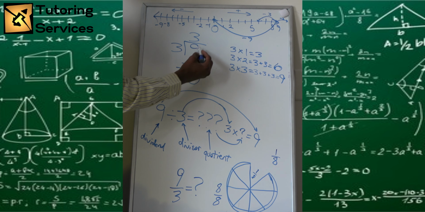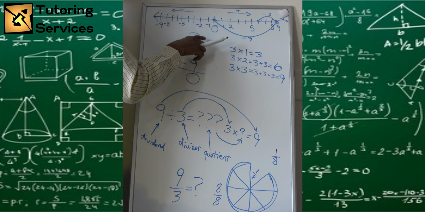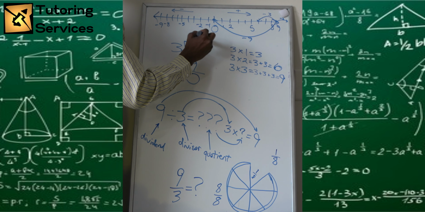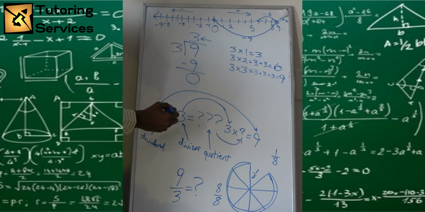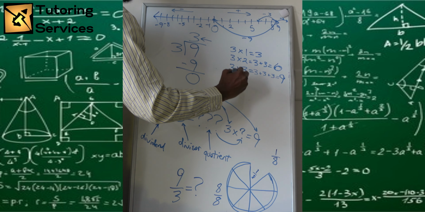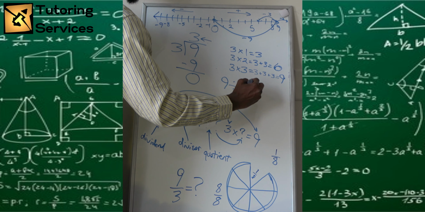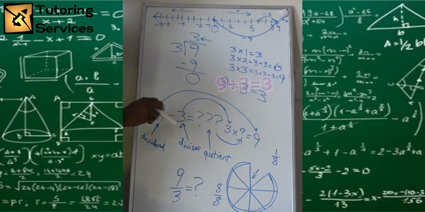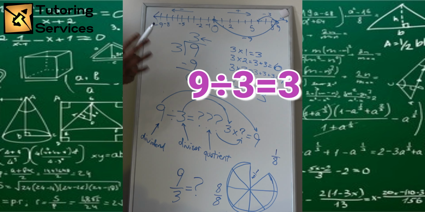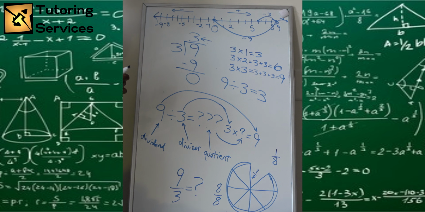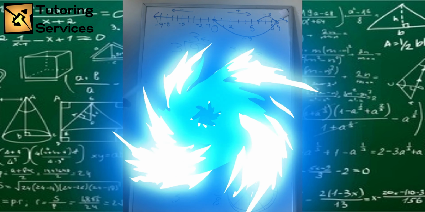Once you do this process and get to 0, then you know you have the answer, and your answer, the quotient, is 3. So 9 divided by 3 equals 3. That's it. That's a very basic, very straightforward example of a division problem.